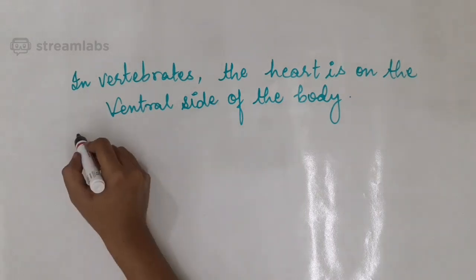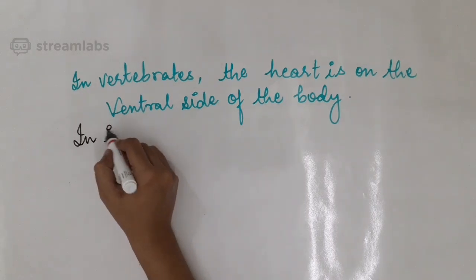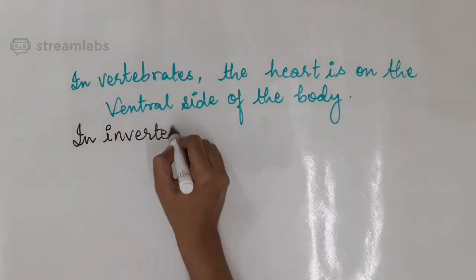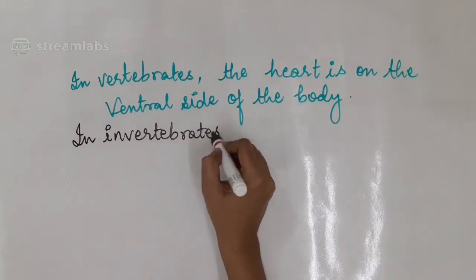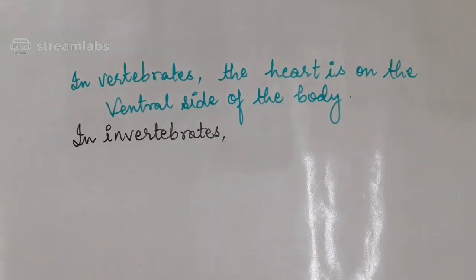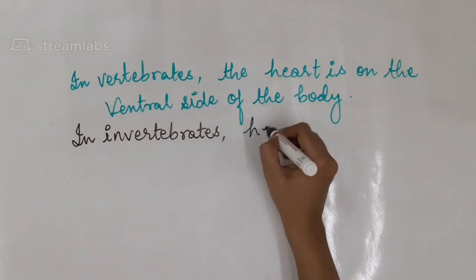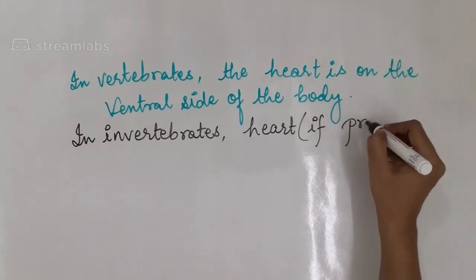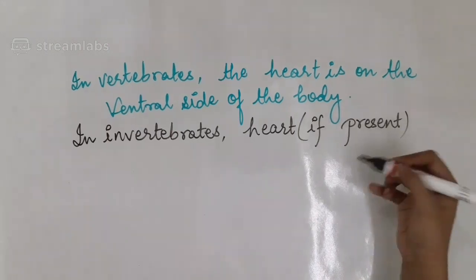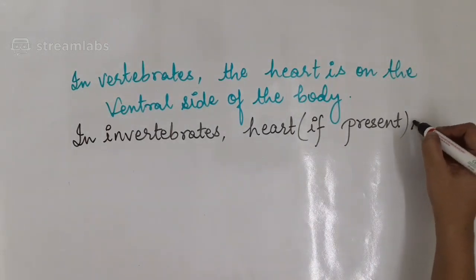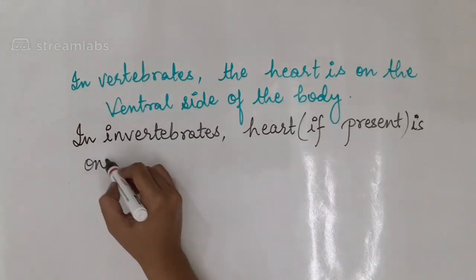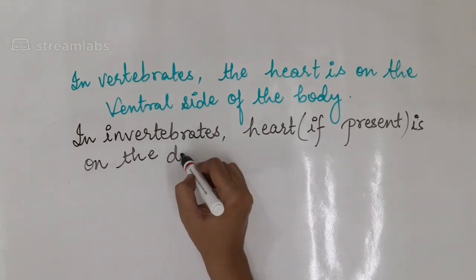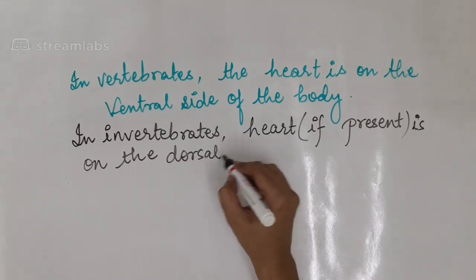and in invertebrates, heart, if present, अगर हुआ तो, is on the dorsal side of the body.